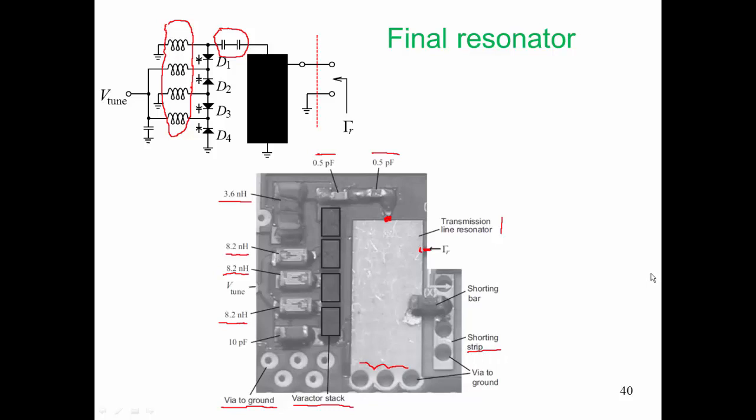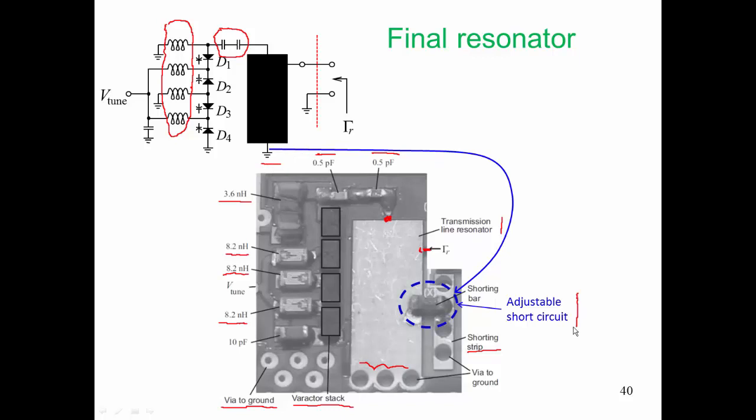Well, that shorting bar corresponds to the short circuit in the schematic. What we have achieved is an adjustable length transmission line. So effectively, this looks like the short circuit line. Of course, it's not quite a short circuit across there. Maybe it's more accurate to say the short circuit looks something like this.